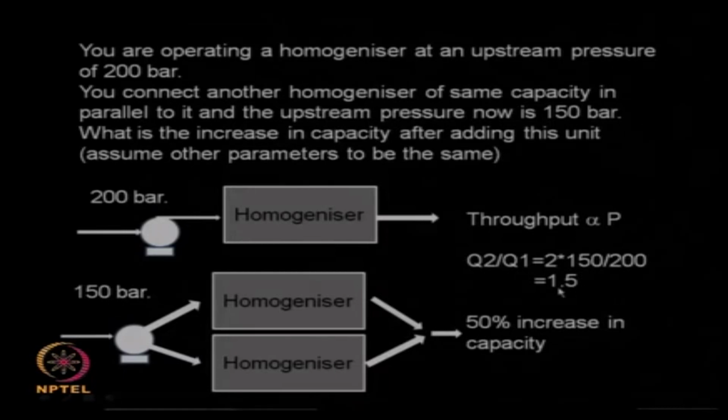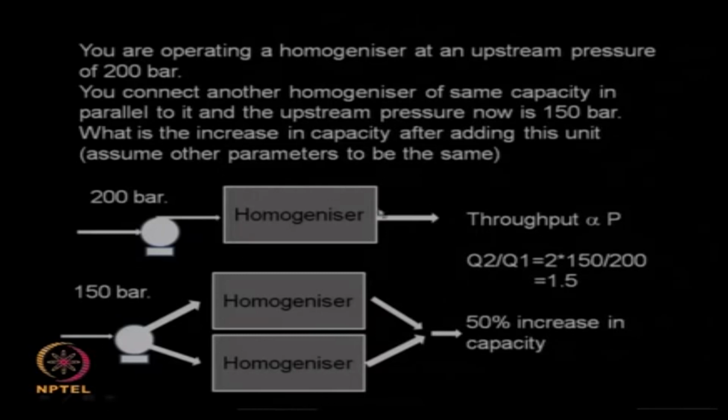So the throughput increases by only 50%. It is not actually increasing twice. Although I have put in the same homogenizer in parallel, I am not getting 2 times the capacity, because the pressure has gone down from 200 to 150 bar, and so I am getting only a 50% increase in capacity.